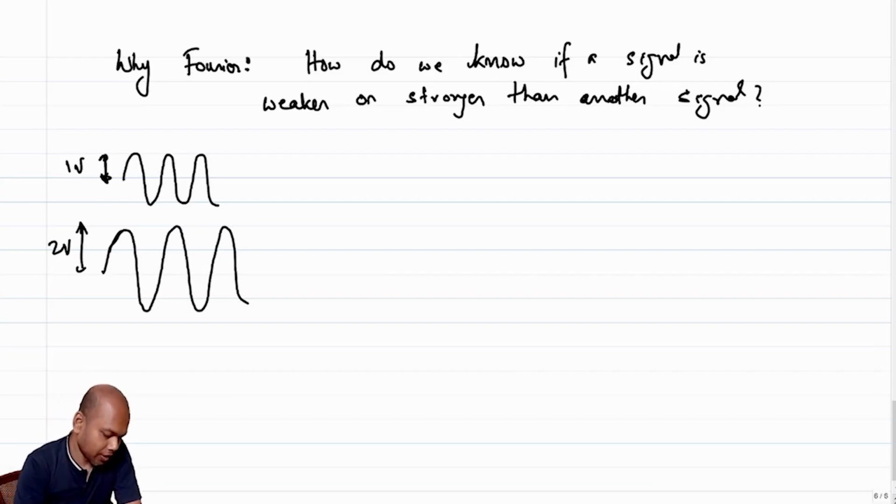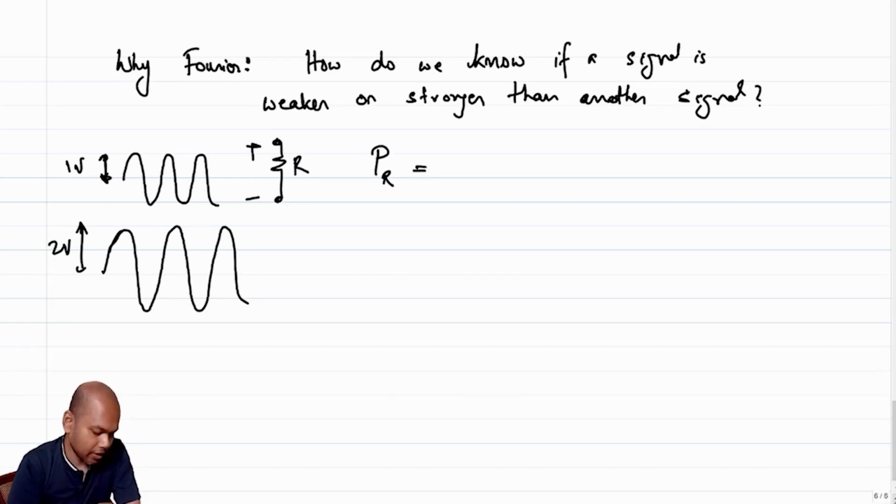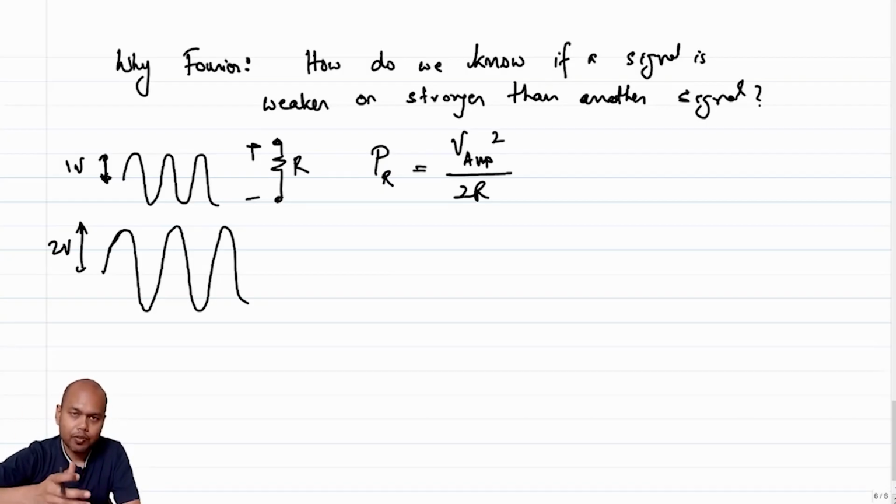The power dissipated across a resistor R will be the amplitude square, V amplitude square divided by 2R, right? So clearly the amplitude has the information of which is a stronger signal.